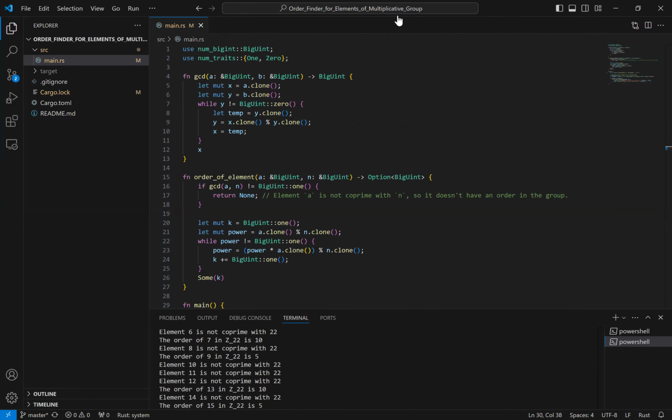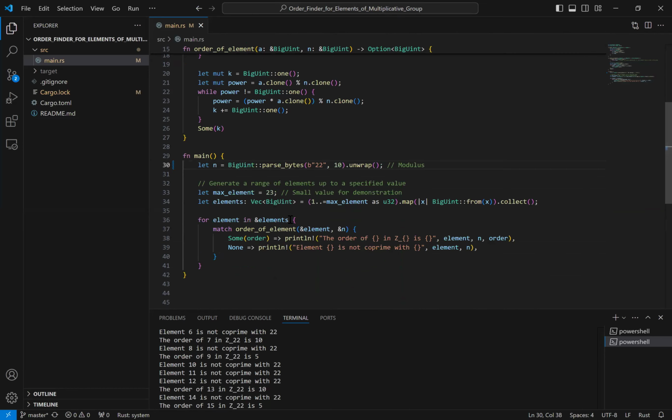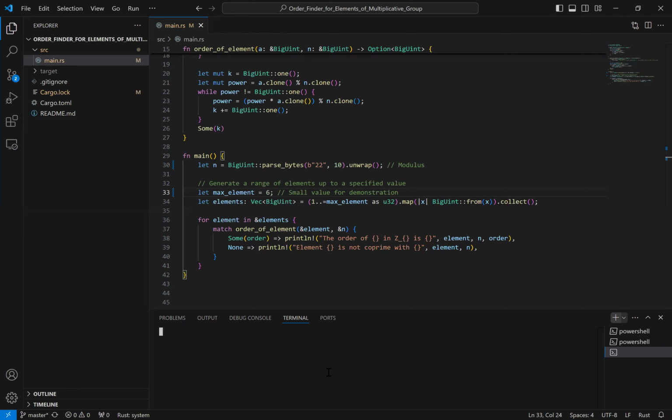Okay, so I just want to explain how it works. Of course, you can give it even a very big value, but I don't want to do that because it will take time. But I've told you the function of this maximum element. You're telling it where you want it to consider up to. For instance, let it consider up to 6. Let's run this and see that it will consider up to 6.